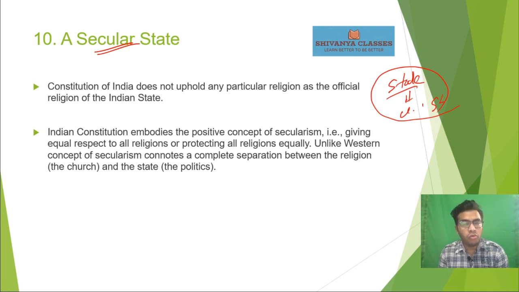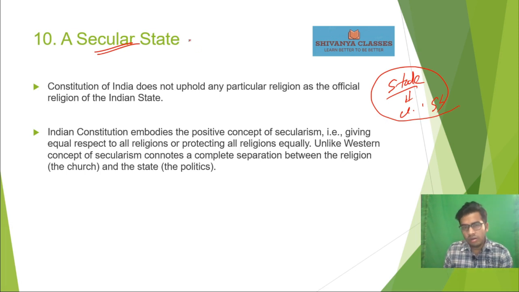In India, though Hindus are in majority numbers, still we don't have any official religion. A Muslim has the same rights over the resources of this country as the Hindu have. A Buddhist has the same rights in this country as the Christian has. There is no discrimination. We treat all religions equally. Okay, this is our nature of secularism in India.